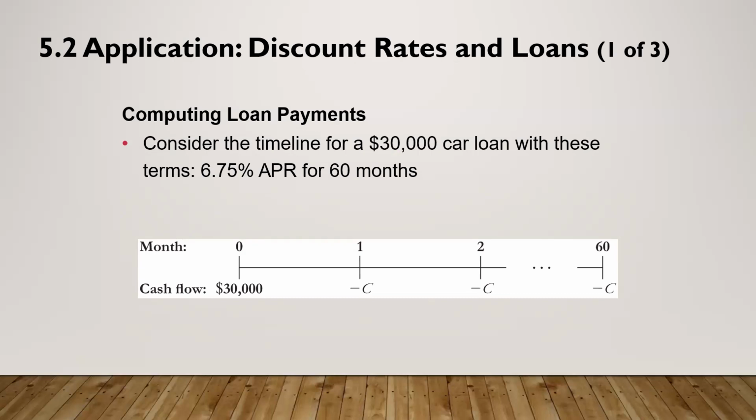If the compounding interval isn't explicitly stated, it aligns with the payment frequency, typically 1 month. So in this scenario, it implies 60 equal monthly payments calculated using a 6.75% APR with monthly compounding.